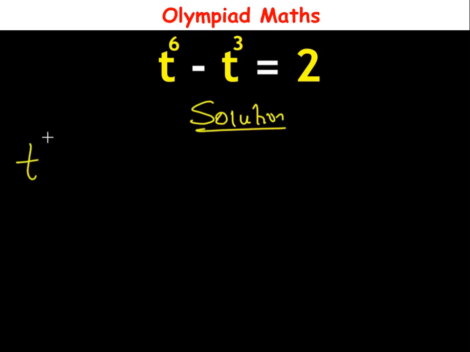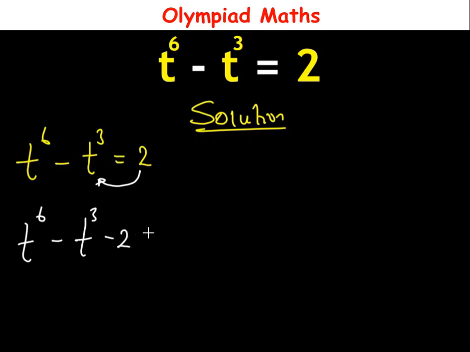So we have t raised to power 6 minus t raised to power 3 is equal to 2. So the first thing we're going to do is to move 2 to the other side of the equation, such that this becomes t raised to power 6 minus t raised to power 3, then plus 2 crosses the equality sign, it changes to minus 2 is equal to, here then becomes 0.